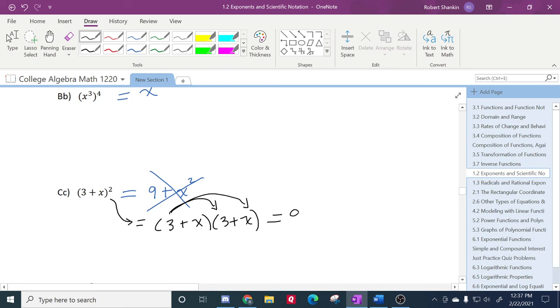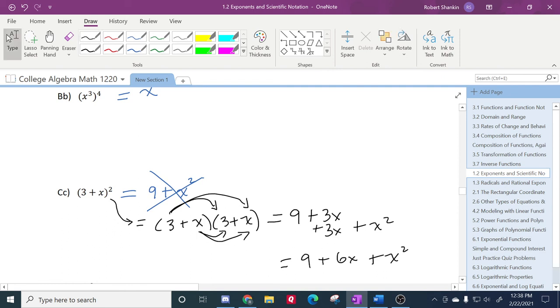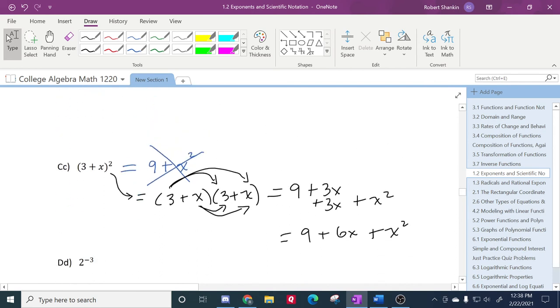You're going to get 9 plus 3x. And you might know this as FOIL, plus another 3x. I like to put the like terms right underneath each other. Plus x squared, which is 9 plus 6x plus x squared. Okay. And go to D.